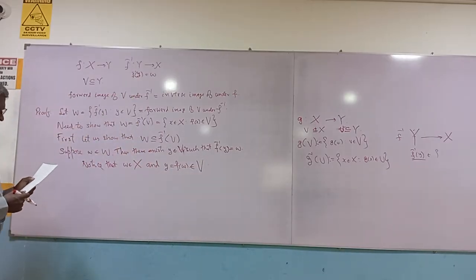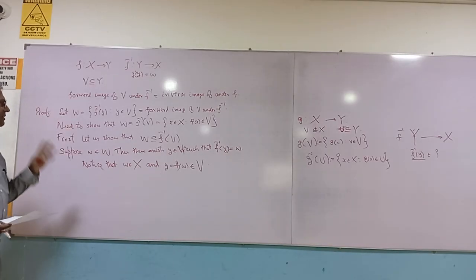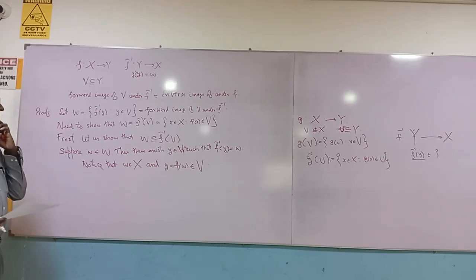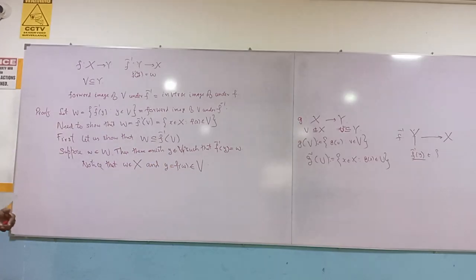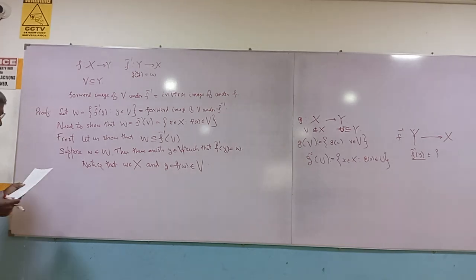Notice that W belongs to X and FW equals Y belongs to B. Right? Y is in B. Clear? Must be crystal clear.